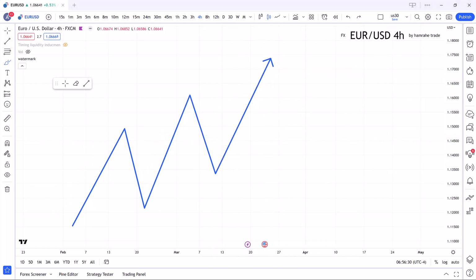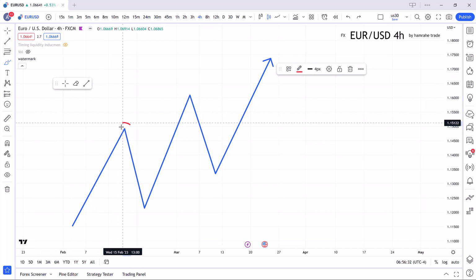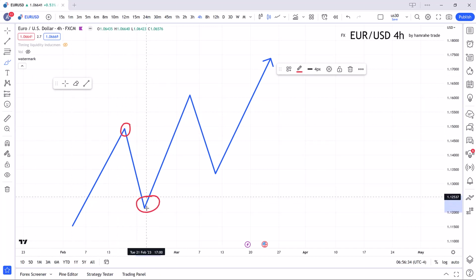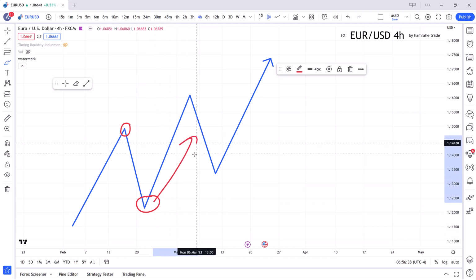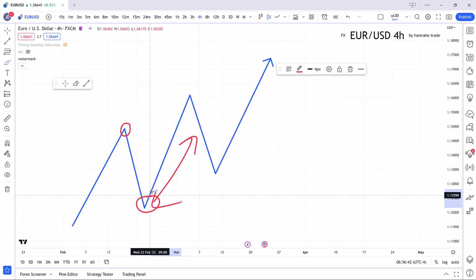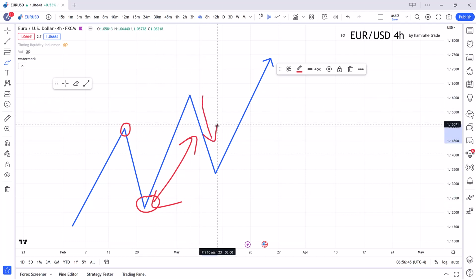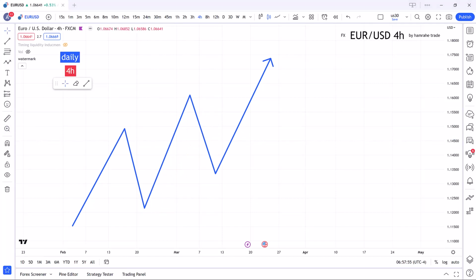Now we want to see how we can identify this point and this point using minor pivots, and how we can identify our leg that doesn't change, the protected leg, or the pullback leg, with minor pivots for more accuracy. Let's imagine the blue lines are our daily charts and the red lines are our 4-hour.